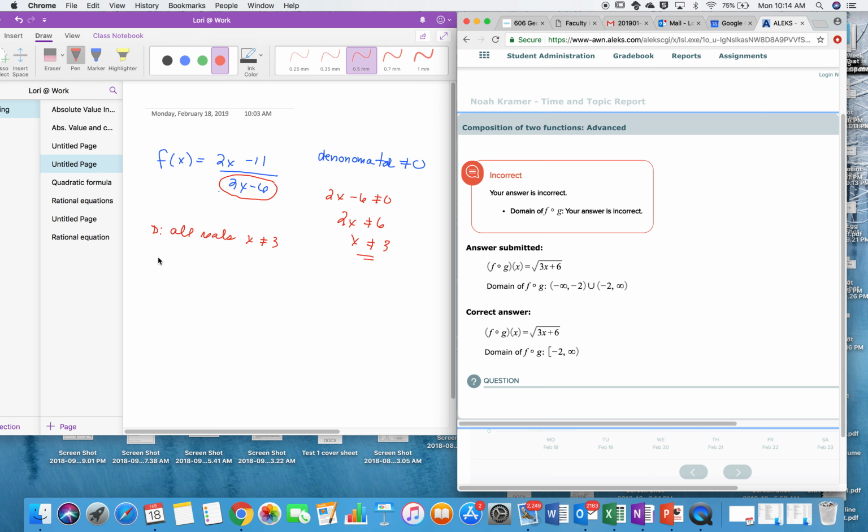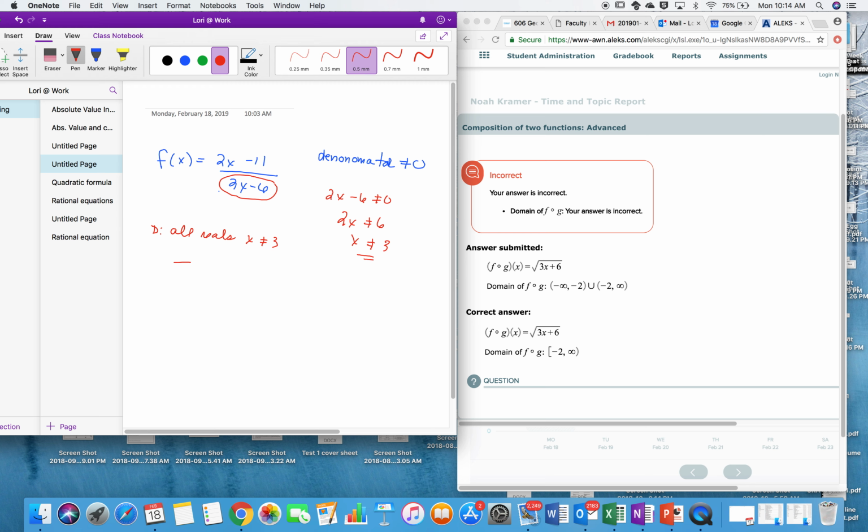If you were to write this one in interval notation, consider the number line. 3 is the only number that I have to exclude. I want everything else. So the interval notation is negative infinity to 3 or 3 to infinity.